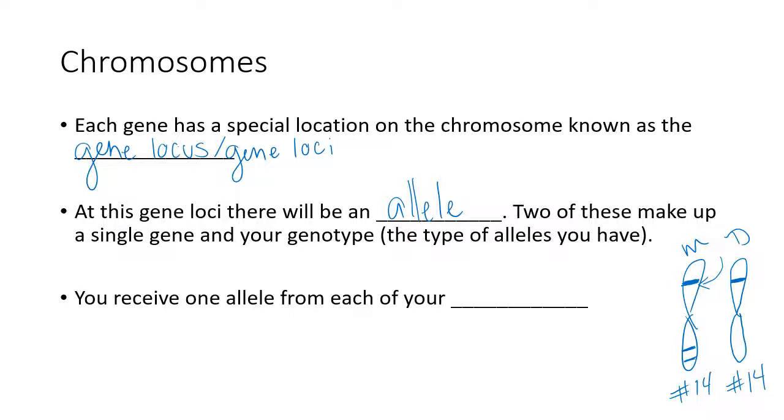And this is going to be your pair here. These are your chromosomes. You got one chromosome 14 from mom, one chromosome 14 from dad. And here you can see that at the gene loci, you're going to have alleles, and the set of alleles that you have are going to make up your genotype. You're going to receive one allele from each of your parents. So one allele is going to come from mom, one allele is going to come from dad.